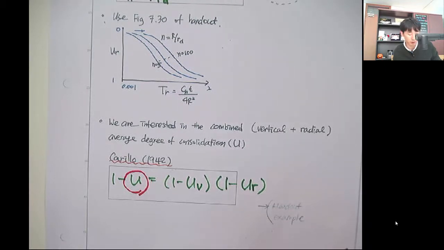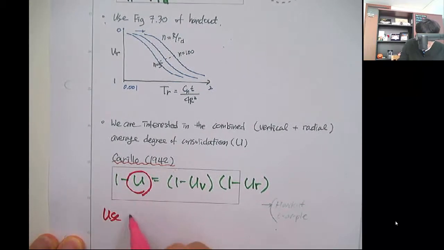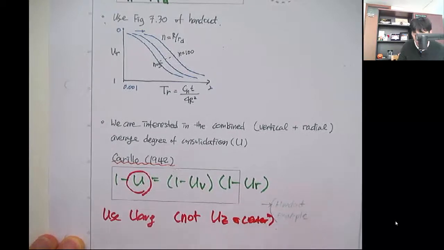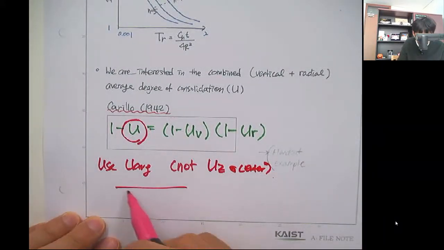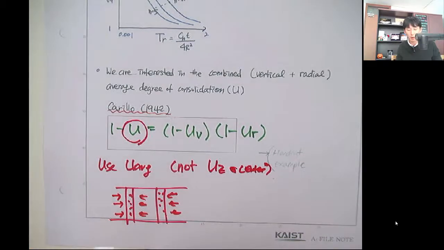The one thing that you have to know is that we are using UAVG, not U at the center. Why? Because with vertical drains like this, water can flow horizontally evenly along the depth.